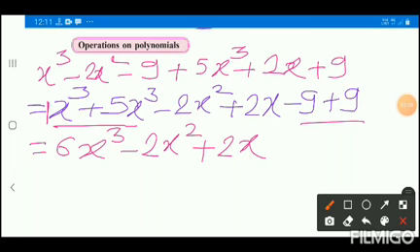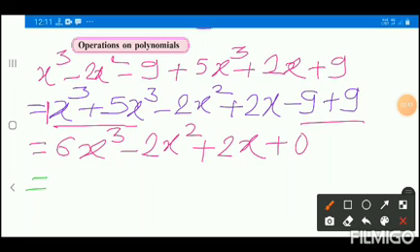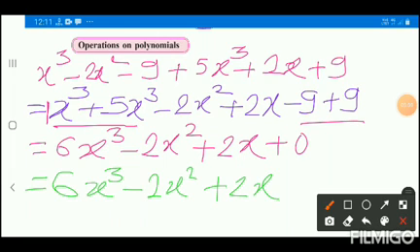Plus 9 minus 9 is 0, so you can write plus 0, or if you do not write any term here, that is also okay. Then your answer is 6x cube minus 2x square plus 2x. Now all terms here are unlike terms, so we keep the answer as it is. Understand this? One more example I will take here.